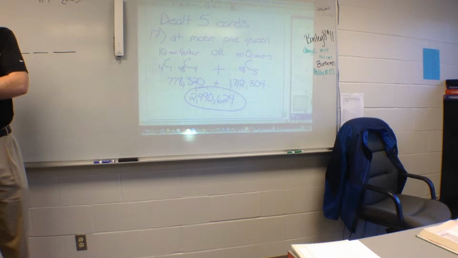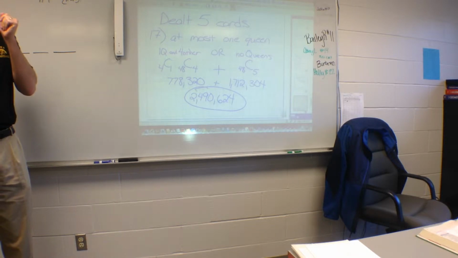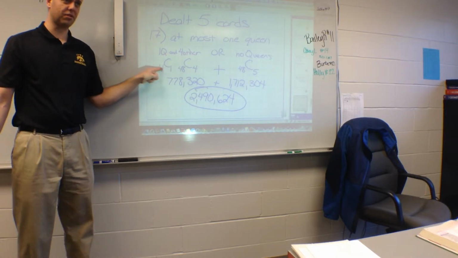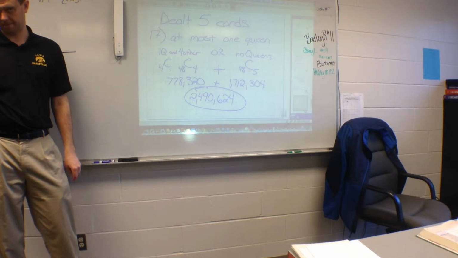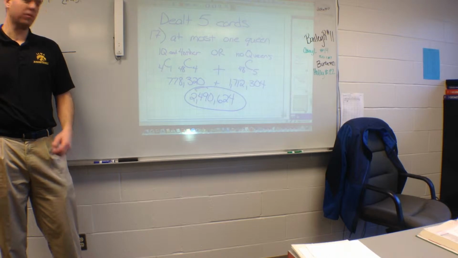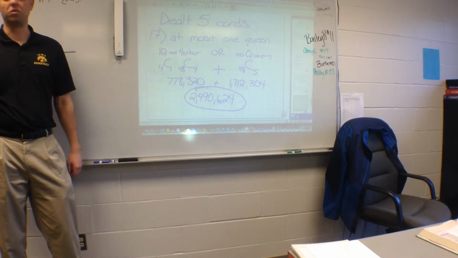All right, any questions there on 17? Please speak up if you guys have questions on this. If you don't understand this, say something. So C's order doesn't matter? Correct. And P order matters? Yes. Yep, and when you're getting cards dealt to you, order doesn't matter.